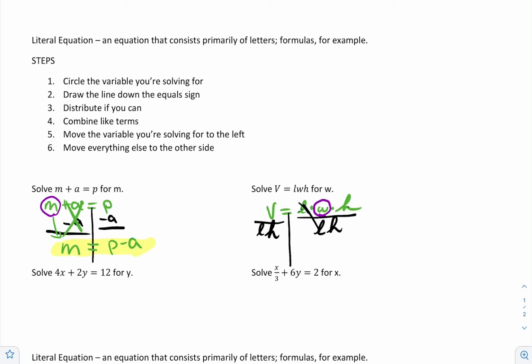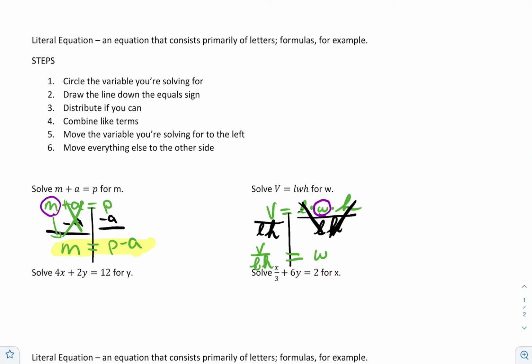When we do that, the L's cancel, and so does the H. Again, we can only do this because it's all multiplication here on the right side. Once we do that, we're going to bring down the W that remains, put our equal sign, and we have V over LH. All right.